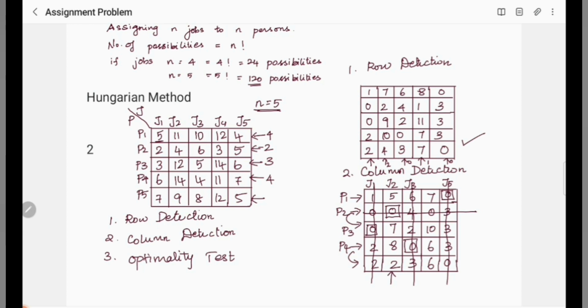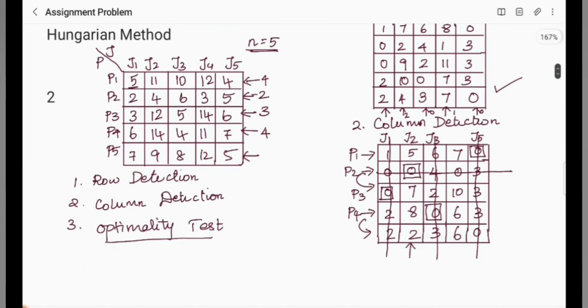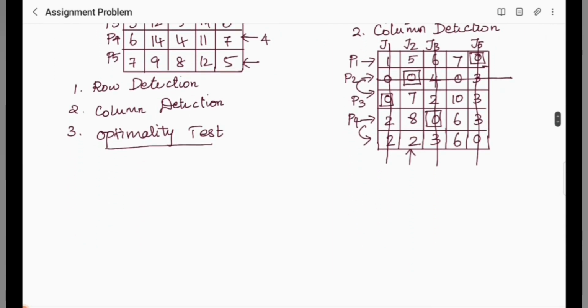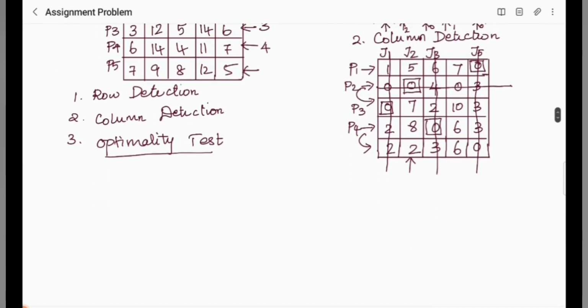Next we have to do our optimality test, which means checking whether all the jobs have been assigned to all the persons. For that, we have to count the total number of squared zeros here. The squared zeros are 1, 2, 3 and 4.